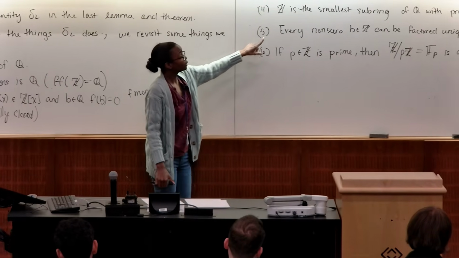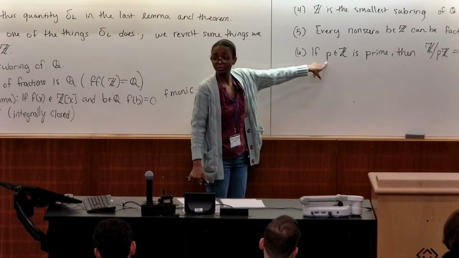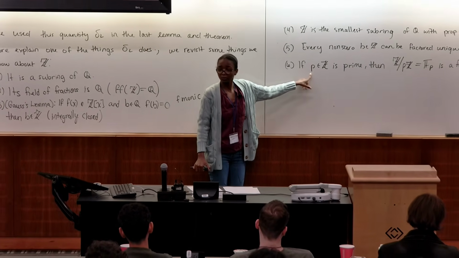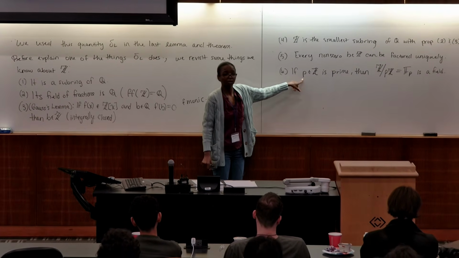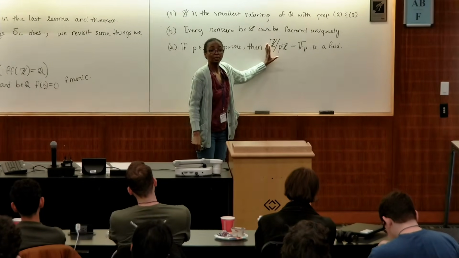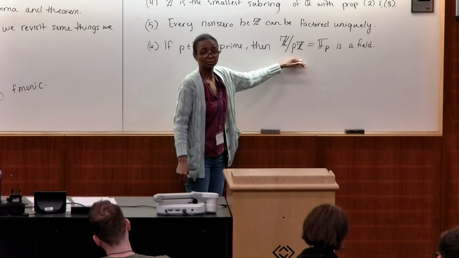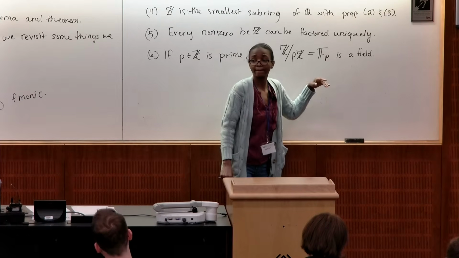And then, under that unique factorization, there are things that take the places of prime numbers. They are called prime ideals. Very inventive language. Those prime ideals also have the property that if I look at the quotient of my ring by that prime ideal, I also get a field.